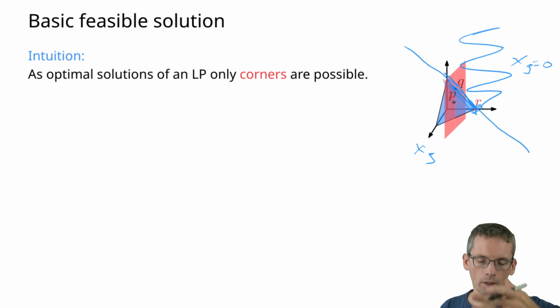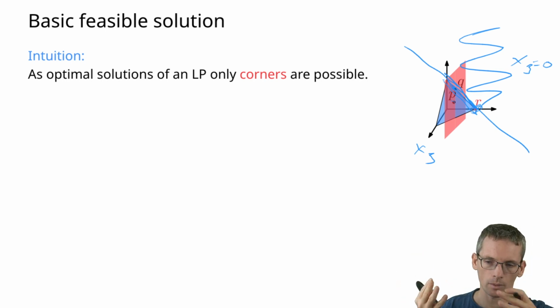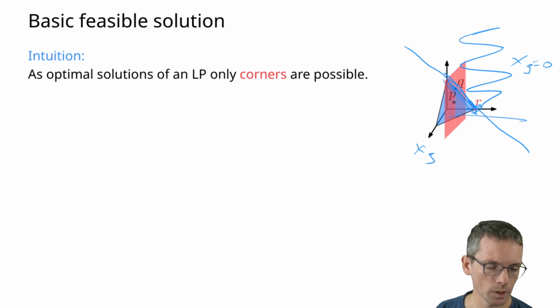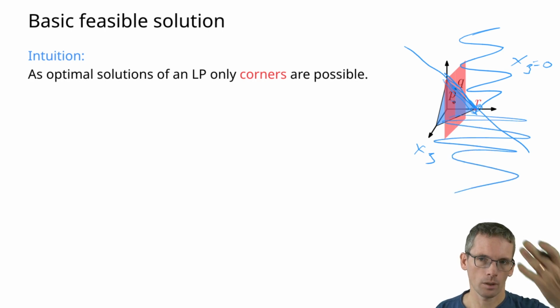So by cutting with a plane, I reduce the dimension of the space I'm considering by 1. I started with a two-dimensional subspace. I cut with one side, that gives me a one-dimensional space, but a corner, I mean a point, is zero-dimensional. So it's clear that I would have to cut with yet another plane.